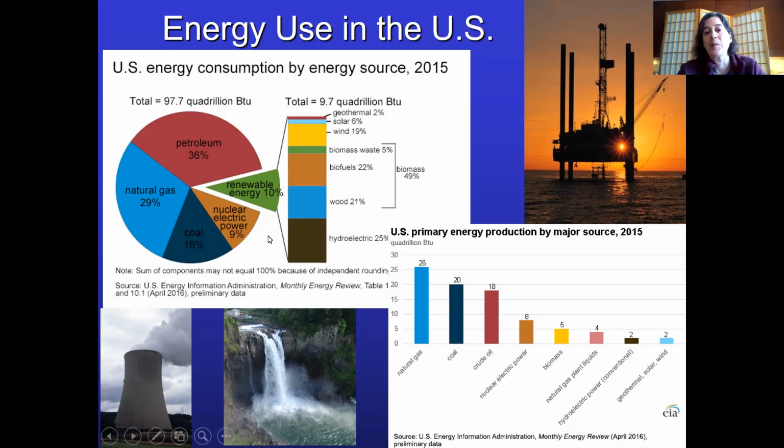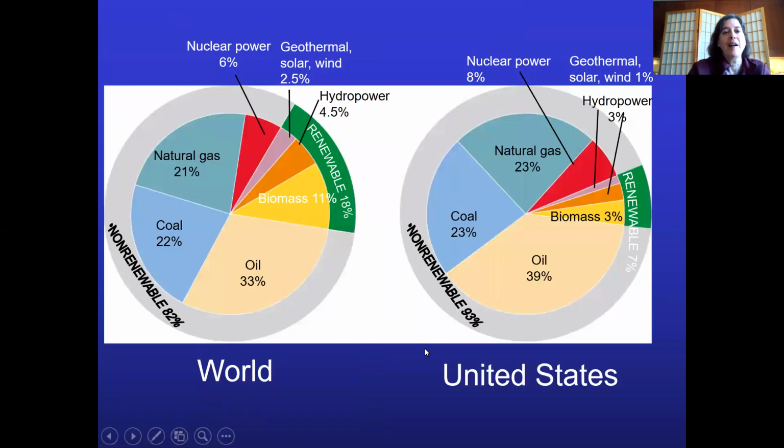As far as what we're producing by major source, natural gas, mostly due to fracking, has really increased over time. Again, comparing us to other areas of the planet, our renewable piece is still a smaller piece of the pie compared to some other countries. But this breakdown isn't too different between the world and what the US is doing.